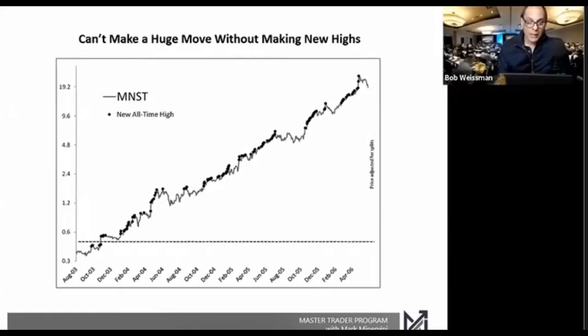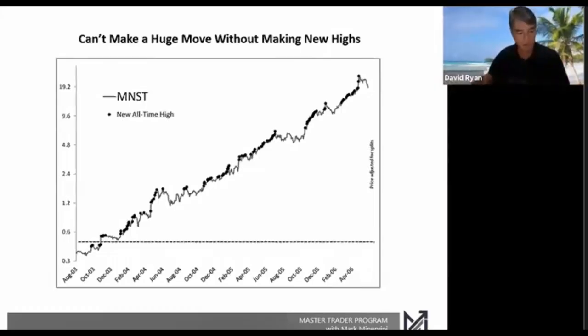So there's some other reasons too. What are some of the reasons why we want to buy near new high ground or in all-time high ground, Dave? Well, one of the most important reasons is that there's no one higher than where you're buying. So there's no, quote, overhead supply. Everybody that is buying or everybody that holds that stock when it goes into new high ground is at a profit, and there's no one ahead of you, and so everybody is happy. The only people that would be selling are people taking a profit.